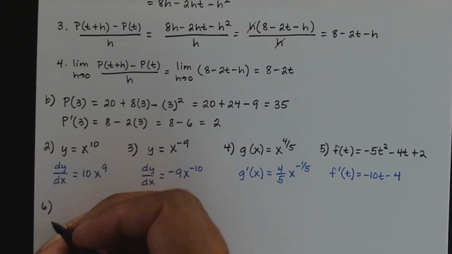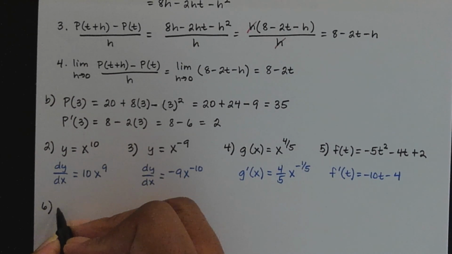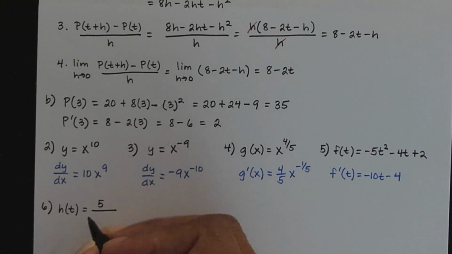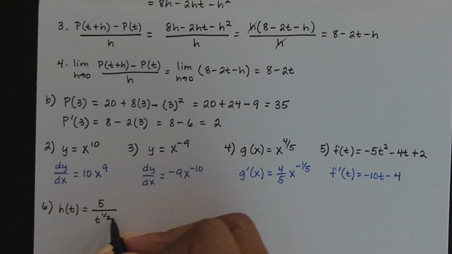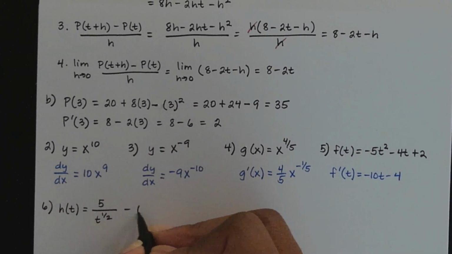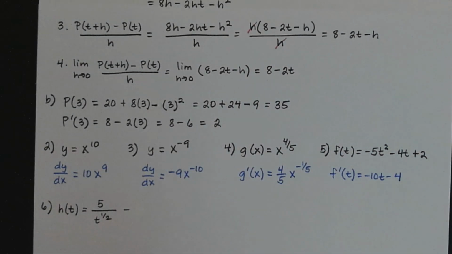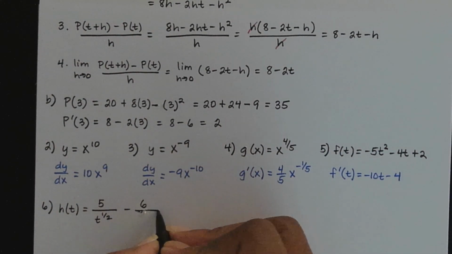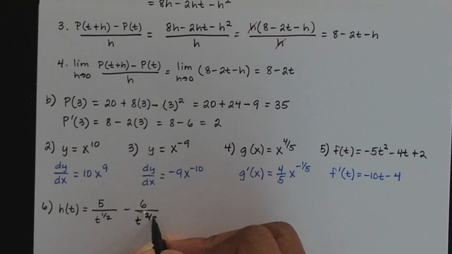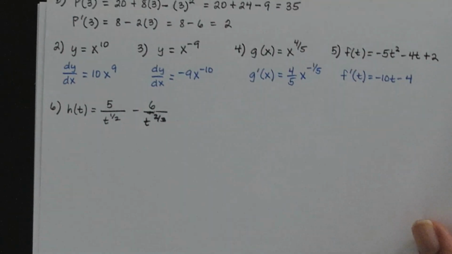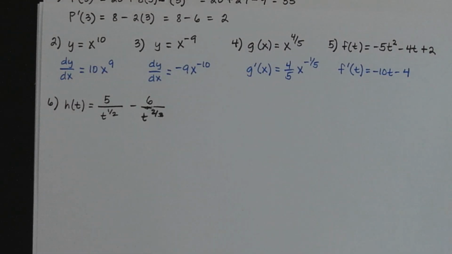All right, number 6. We want h prime of t if h of t is equal to 5 over t to the 1/2 minus 6 over t to the 2/3. All right, let's pull these variables out of the denominator.